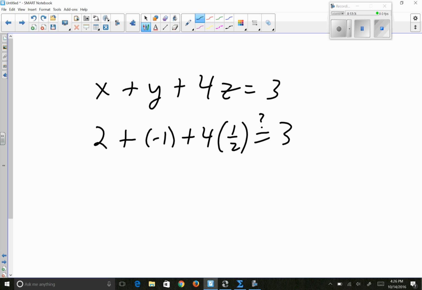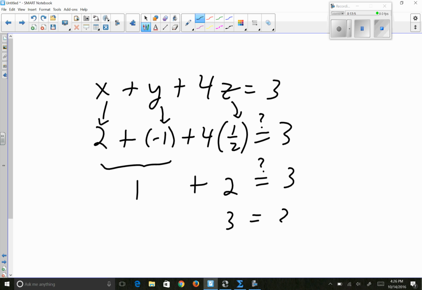Our solution was x is 2, y is -1, and z is 1/2. 2 plus -1 is 1. 4 times 1/2 is 2. 1 plus 2, 3 equals 3. Check.